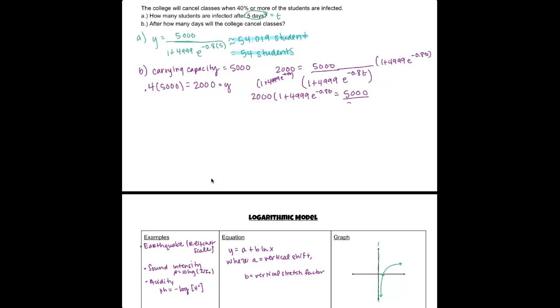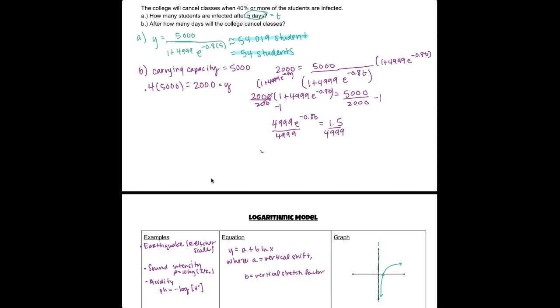And then divide by 2,000. Then we're going to subtract 1 from both sides. So I get 4,999 e to the negative 0.8t is equal to 2.5 minus 1, which is 1.5. Divide that by 4,999 to get the exponential by itself.